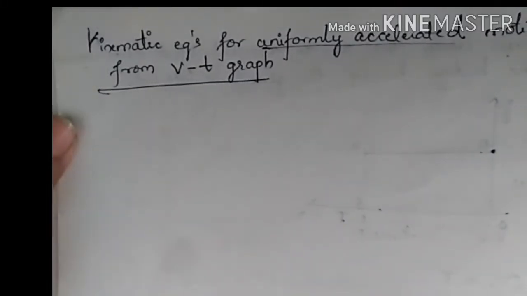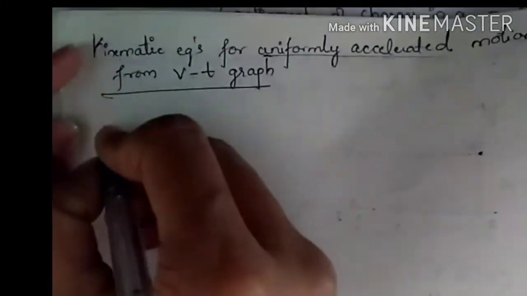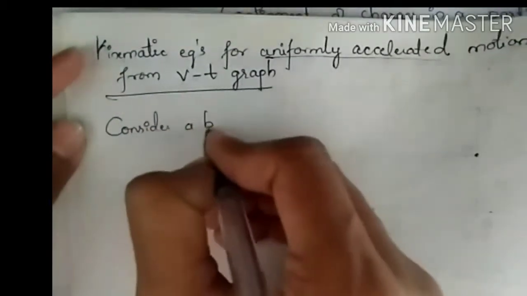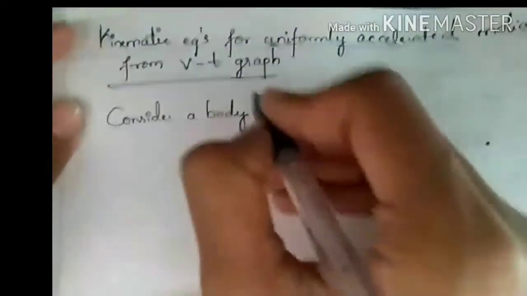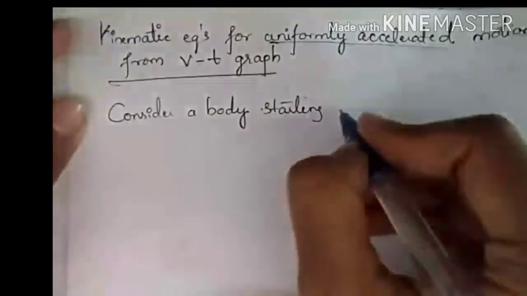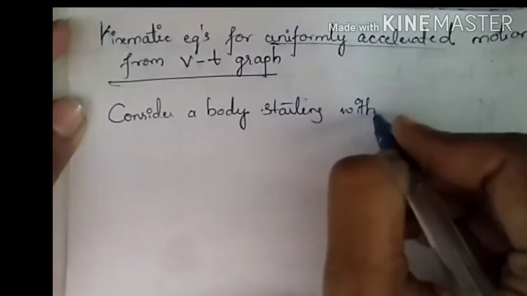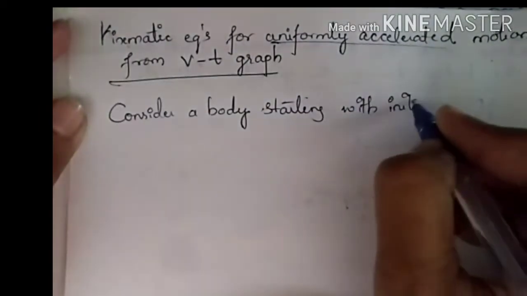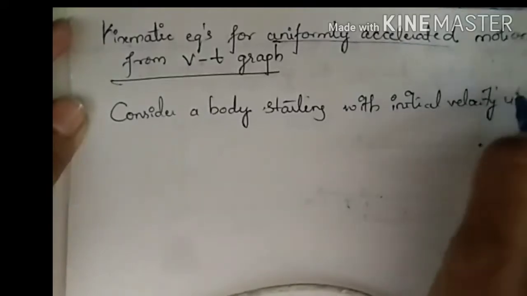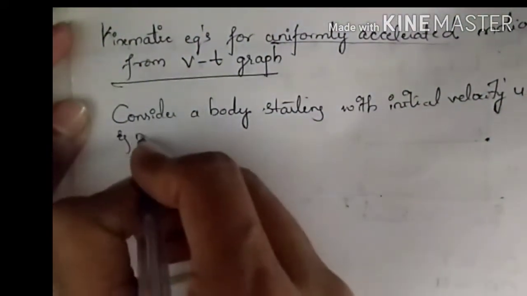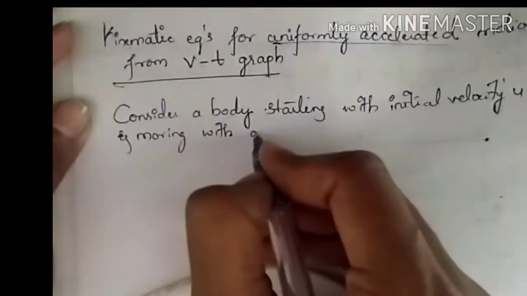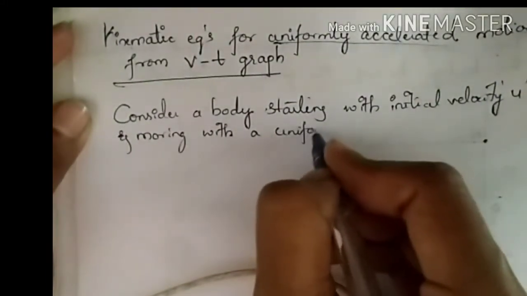Now consider a body starting with initial velocity u and moving with a uniform acceleration.